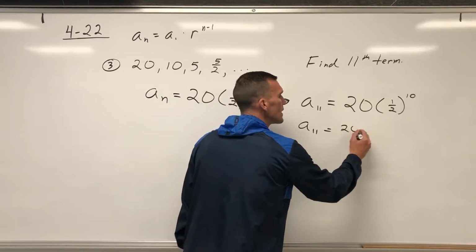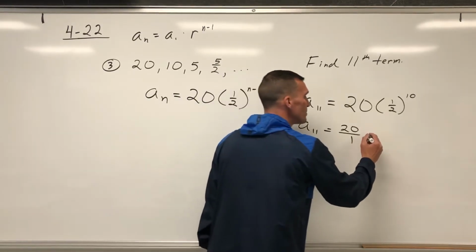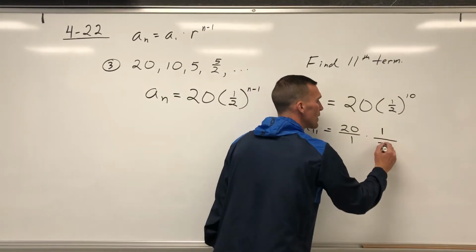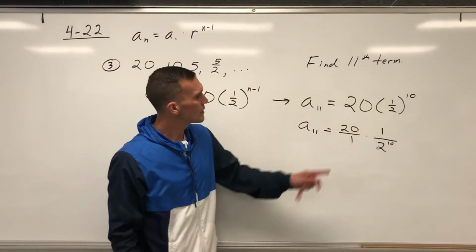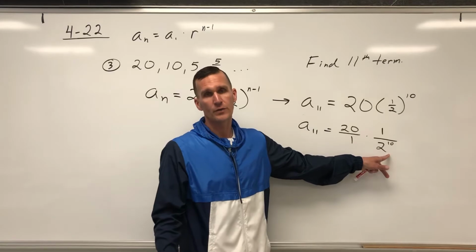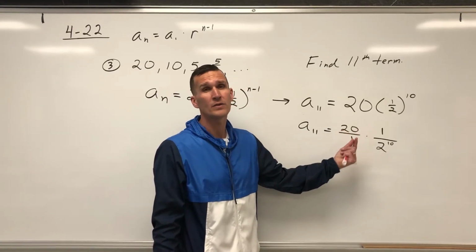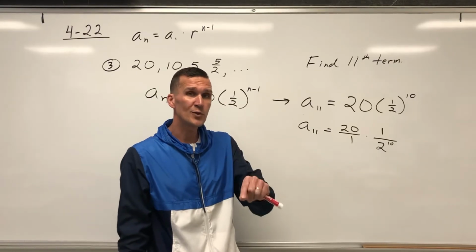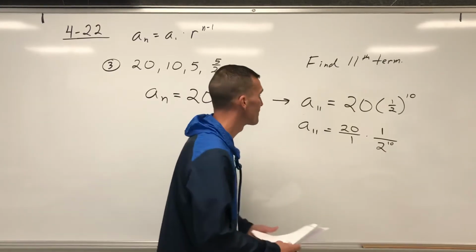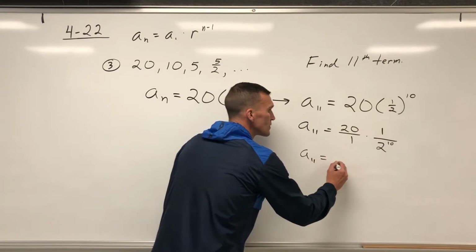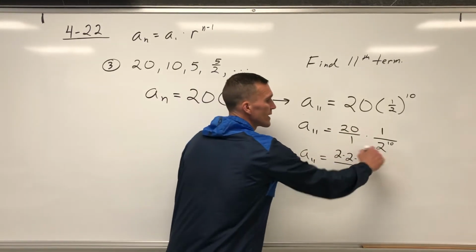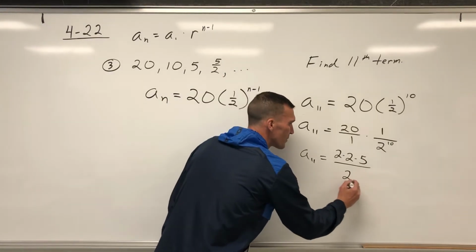I have 20 over 1 times, well, 1 to the 10th power is still 1, and 2 to the 10th power is 2 to the 10th. And I really look at the a sub 1 and the denominator to see if anything is going to reduce. Hopefully you know that if you broke 20 down into prime numbers, it's 2 times 5, and some of those 2's are going to wash away with those 2's down there. So now I have a sub 11 equals, the top is 2 times 5 times 1, and then it's 1 times 2 to the 10th, and there are 10 2's down there, but I don't want to write them all out.